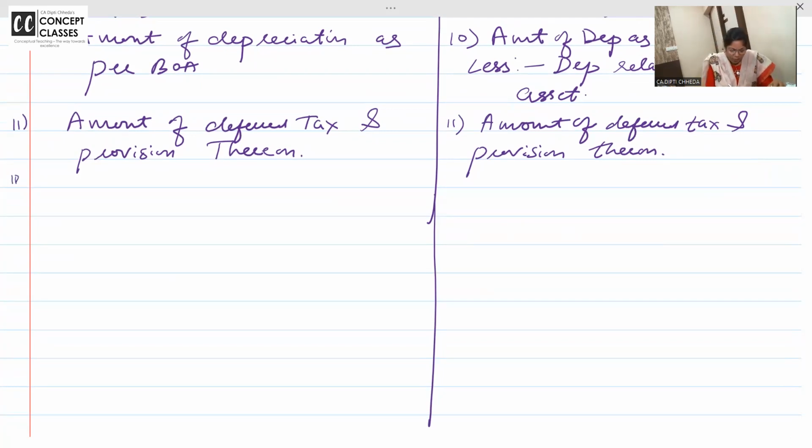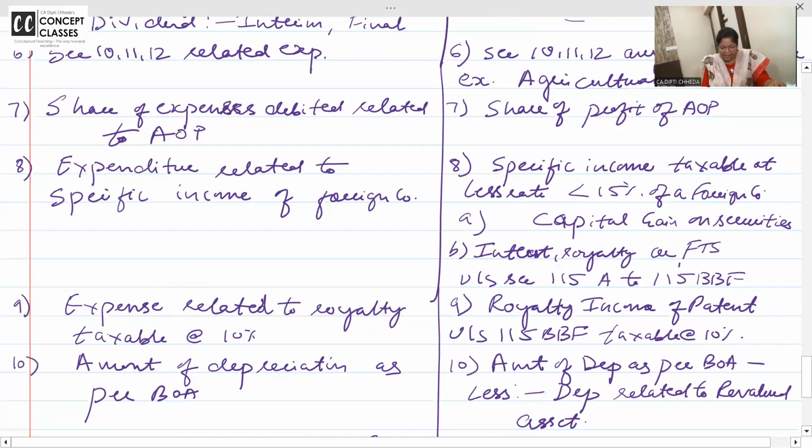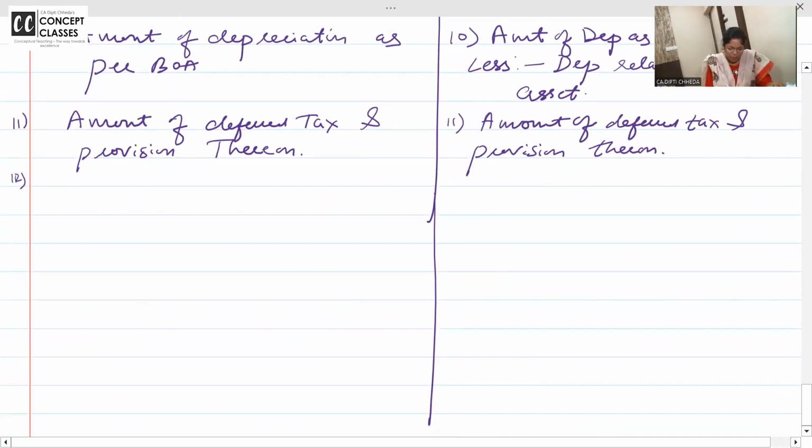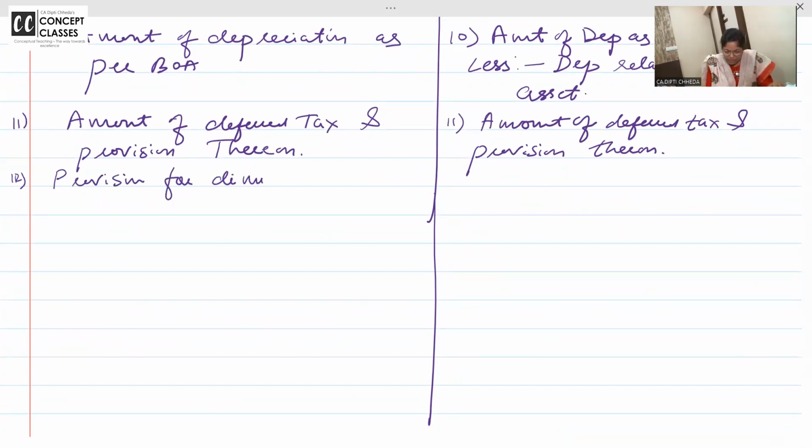If anyhow, all the provisions you have to add back. Look here, provisions you have written, so write there or separately, provision for diminution. You know, you reduce the value of the asset, diminution in value of asset.